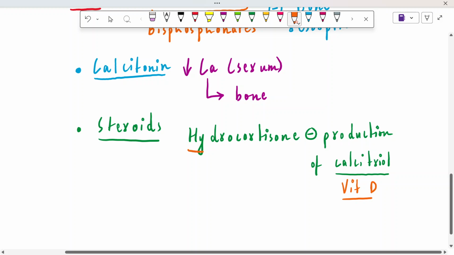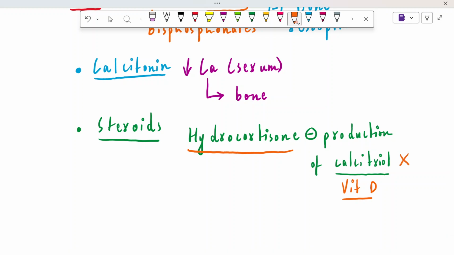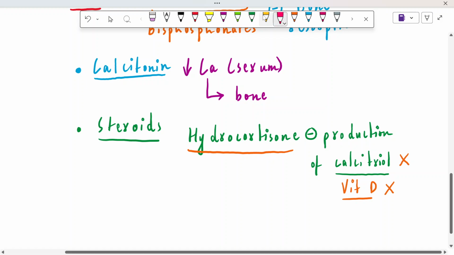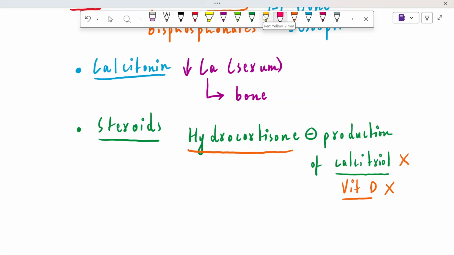But using hydrocortisone, we are inhibiting the production of calcitriol, meaning that there will be no vitamin D and there will be no absorption of calcium from the intestine, and we do not want the calcium to be absorbed, right? So hydrocortisone is doing its job.